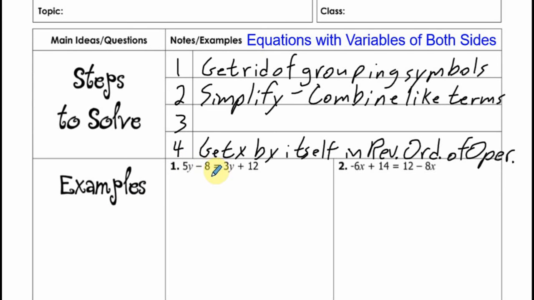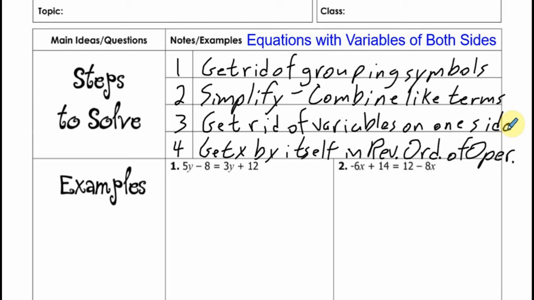I always get rid of the smaller one because it will allow me to work with fewer negative signs. All right. So get rid of variables on one side. Again, I always get rid of the smallest one. Step 3, get rid of variables on one side of the equation.